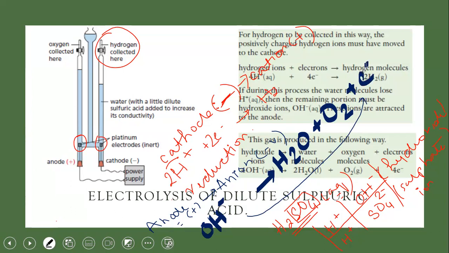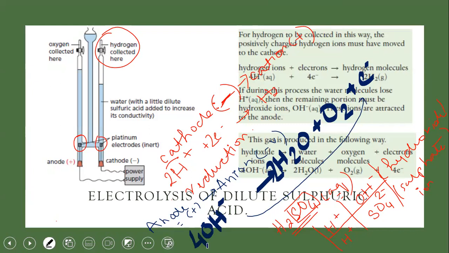And now I just have to balance it. So I will balance the equation the way you balance a chemical equation. I'll put a 2 over here and I'll put a 4 over here.